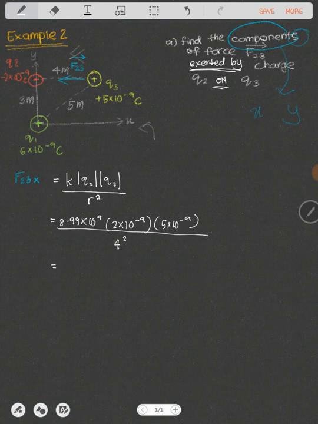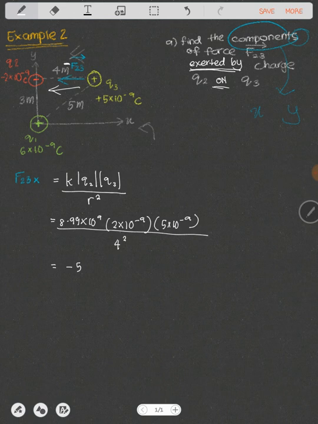And so on, you will get the answer. Before that, look, it is at the left side. If it is at the left side, don't forget it is a negative.